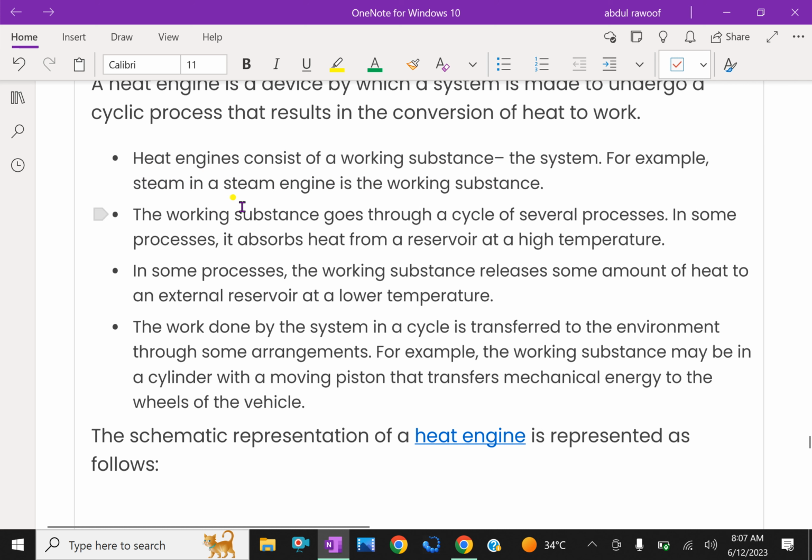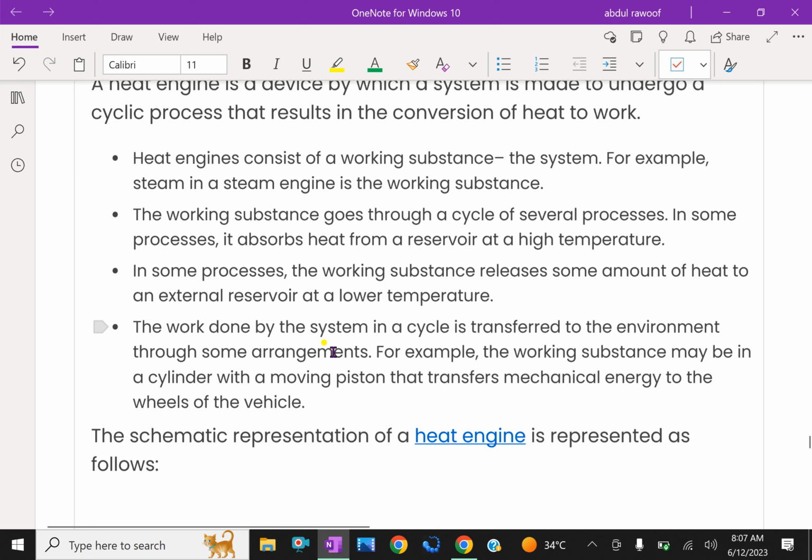For example, steam in a steam engine is the working substance. The working substance goes through a cycle of several processes. In some processes, it absorbs heat from a reservoir at a higher temperature. In some processes, the working substance releases some amount of heat to an external reservoir at a lower temperature.